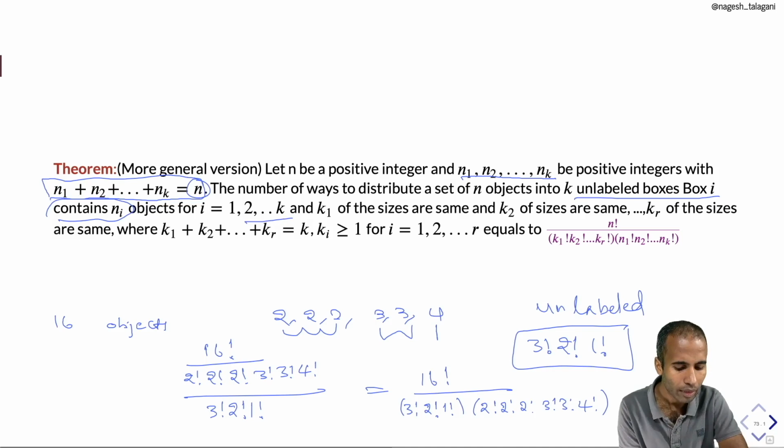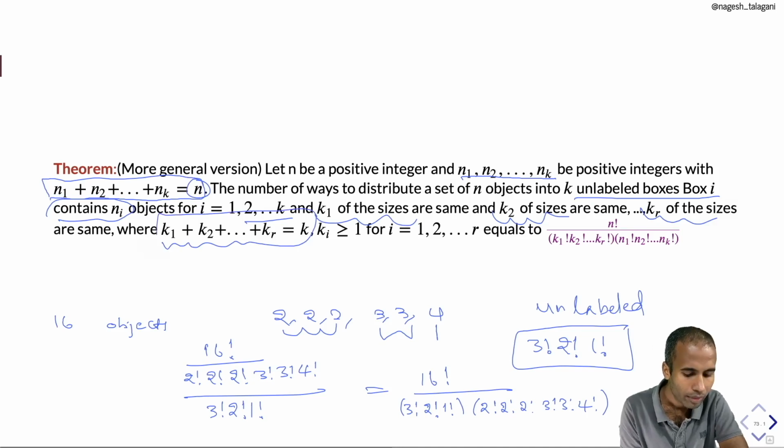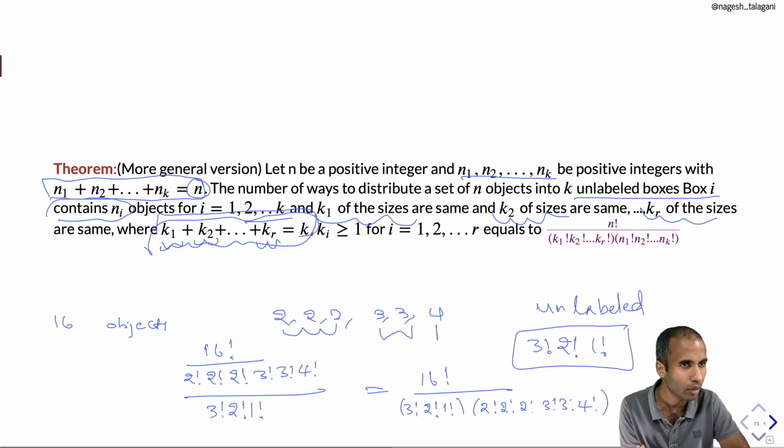Here k1 of the sizes are same, k2 of the sizes are same, and kr of the sizes are same where k1 plus k2 plus kr equal to k. See, there are k sizes in which k1 are same size, k2 are same size, kr are same size, then they total add up to k, total sizes, right? Fine.